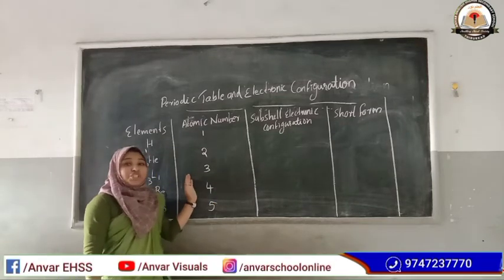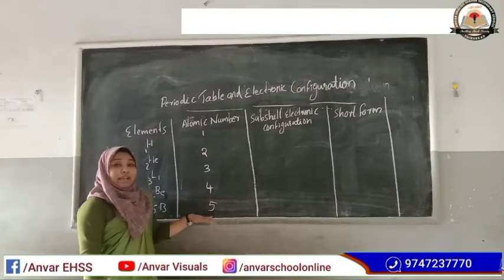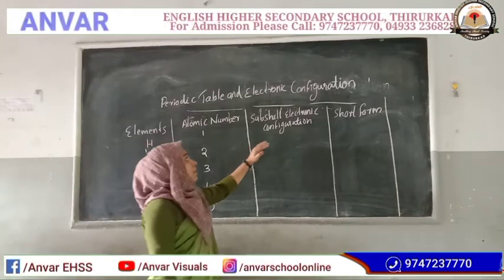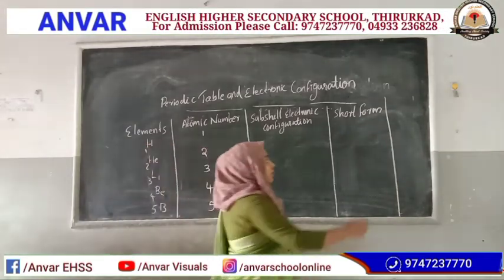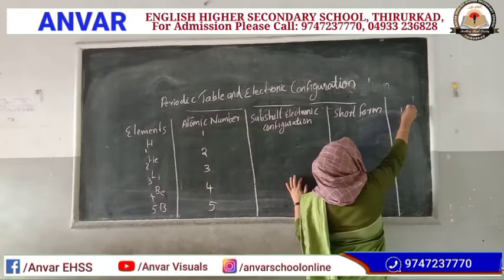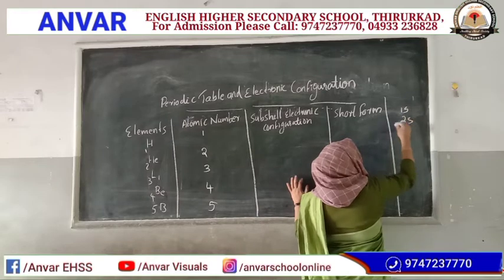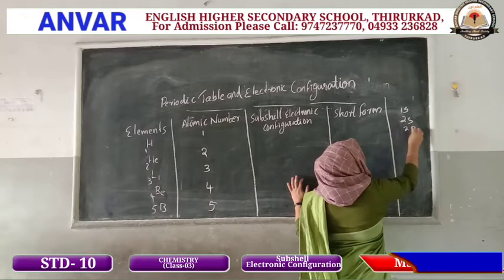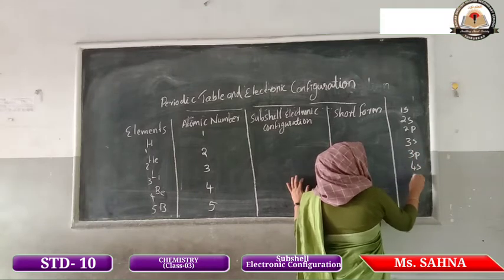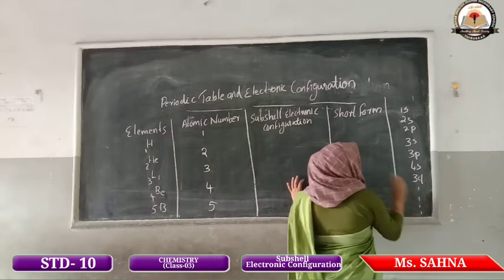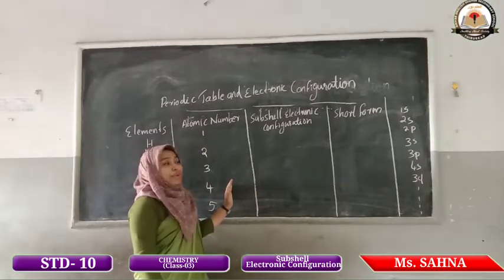This is the atomic number of hydrogen, helium, lithium, beryllium and boron. Next, subshell electronic configuration. I write here the subshells in increasing order of their energy: 1s, 2s, 2p, 3s, 3p, 4s, 3d, etc.